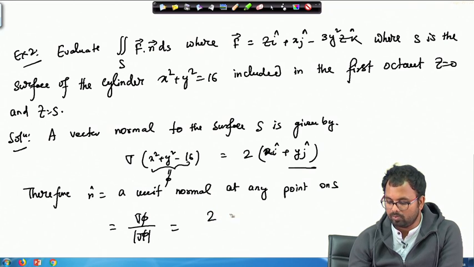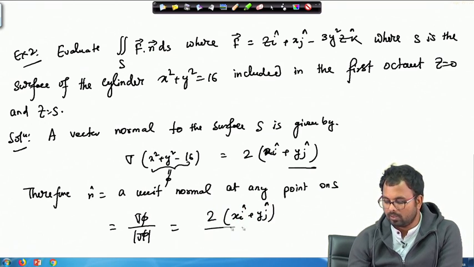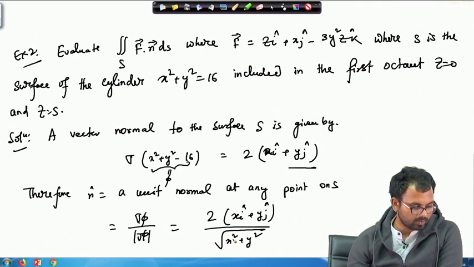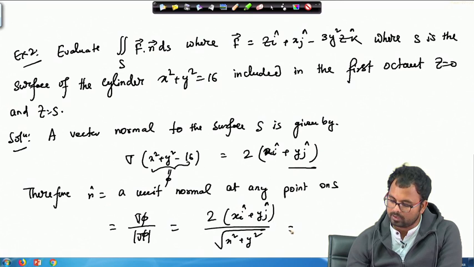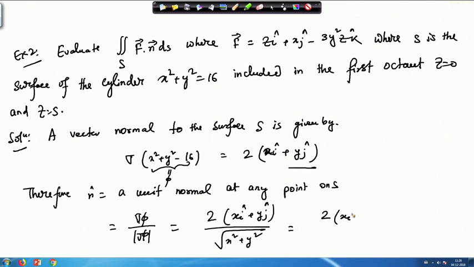So this is 2 times x i plus y j, divided by the square root of x square plus y square. Now x square plus y square is basically 16, so this will be 2 times x i plus y j divided by 4. So this is x i plus y j divided by 2. So this is our unit normal n.